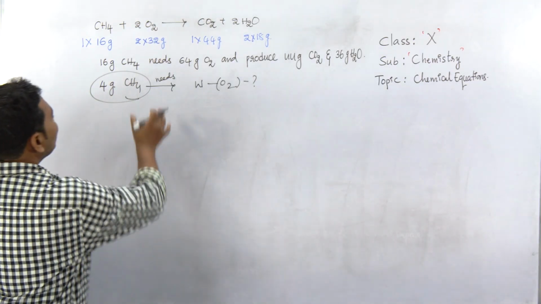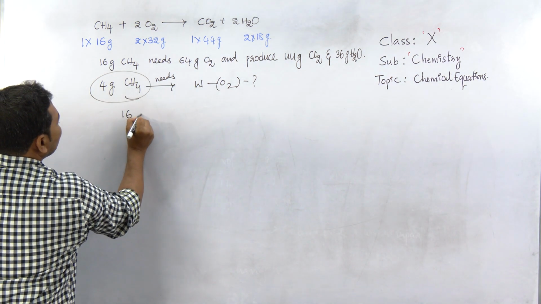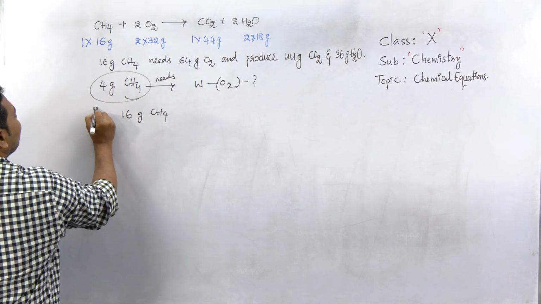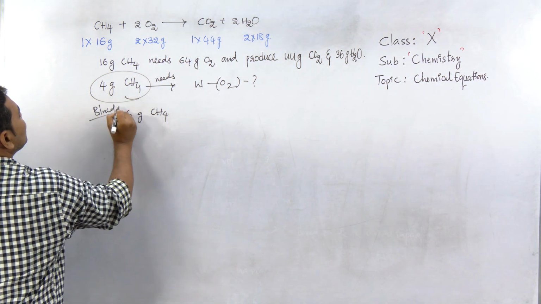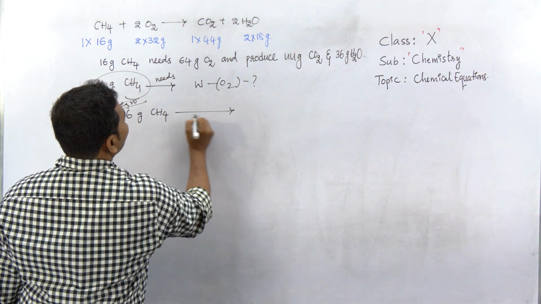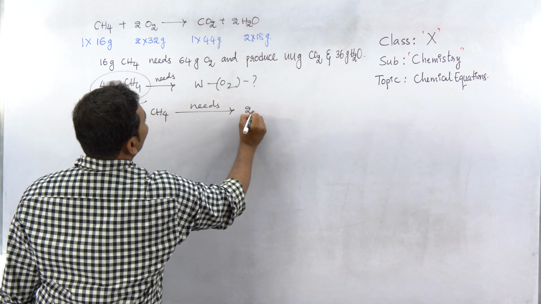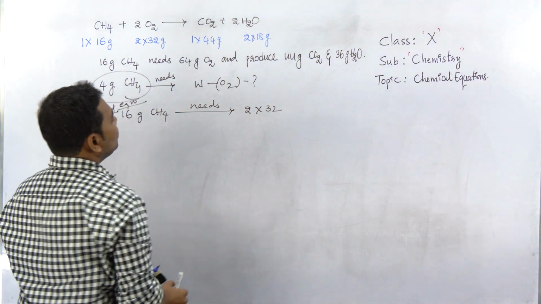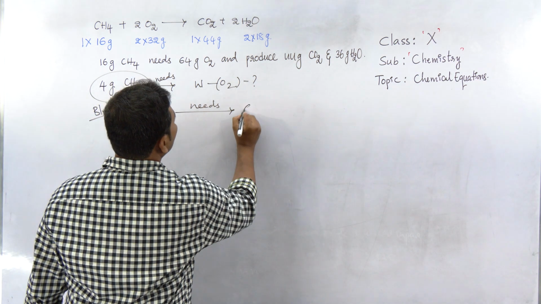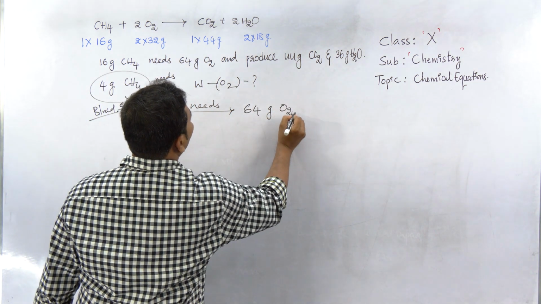For this, from the stoichiometric equation, I'm writing it from the balanced equation: 16 gram CH4 needs 2 into 32, or else we can also write it as 64 gram. 16 gram methane needs 64 gram oxygen for burning.